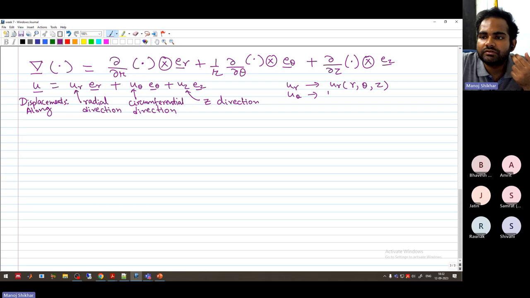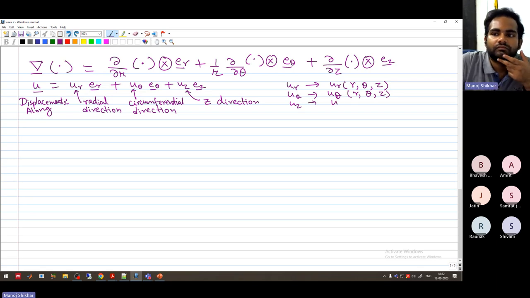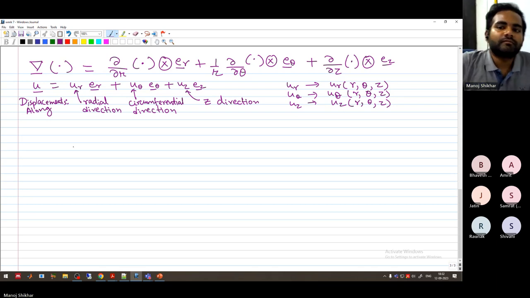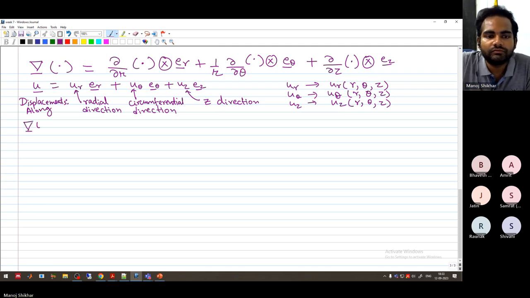U theta can be a function of r, theta, z, and Uz also can be a function of r, theta, z. So if we want to calculate the gradient of u, what will we do?